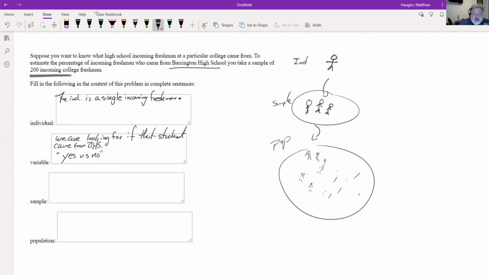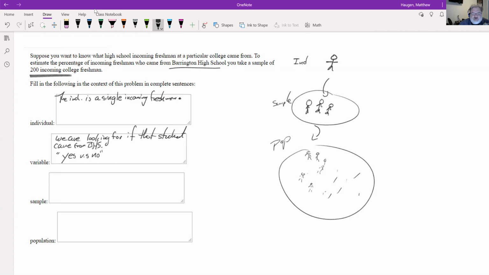I didn't get too terribly grouchy if somebody just wrote 200 incoming freshmen. I gave them the points for that problem, but not the points for having everything in a sentence. So putting that in a sentence is fairly important. Answers for the sample like 200 is incomplete. 200 what? So you do need to be fairly specific on these questions.